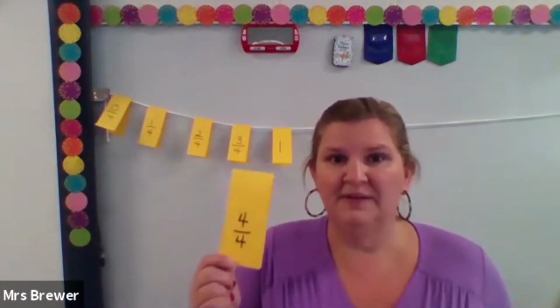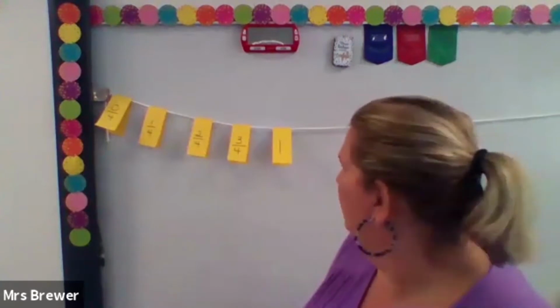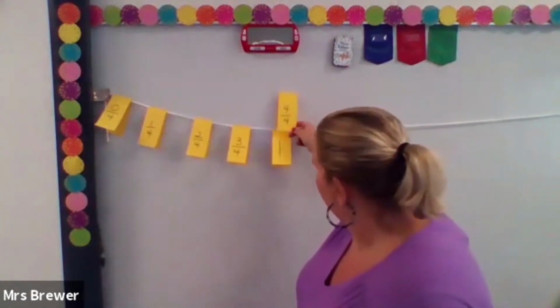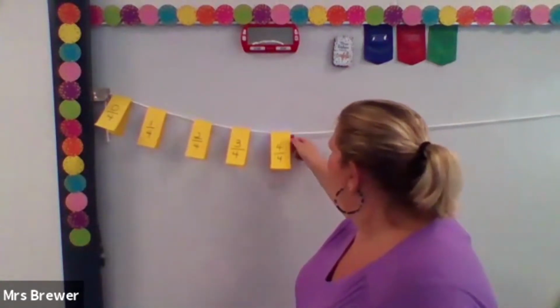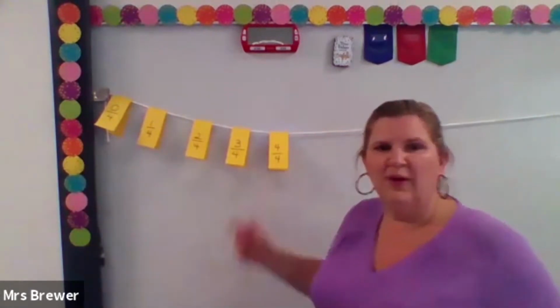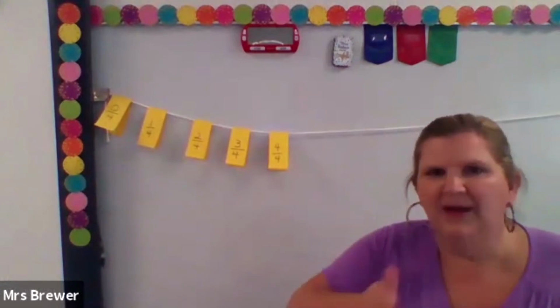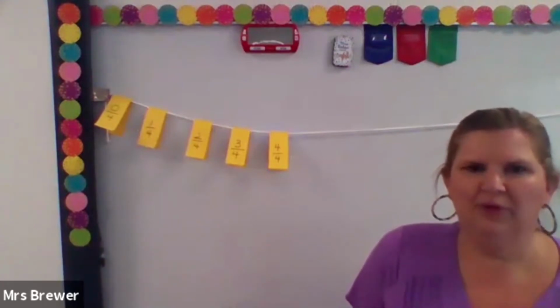Remember, if we have 4 pieces, out of 4 pieces, you're going to have what? 1 whole. You're exactly right, boys and girls. So right here, I'm going to have 4/4. You see how I just put that right on top of that 1? Because on my number line, they're going to be where? Right at the same place. You are exactly right, boys and girls.